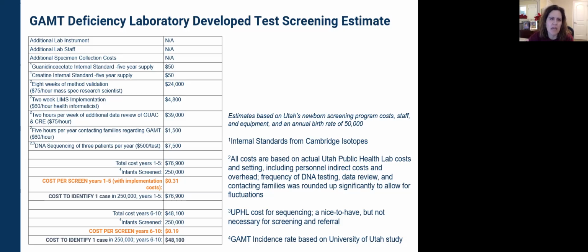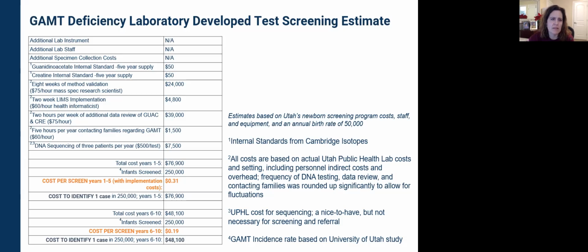We did not have to add additional staff or instruments because it is multiplexed with the existing immunoassay carnitine screening. There is not an additional specimen that needs to be collected for that reason. The internal standards are very, very affordable, $50 for 5 years supply of both.